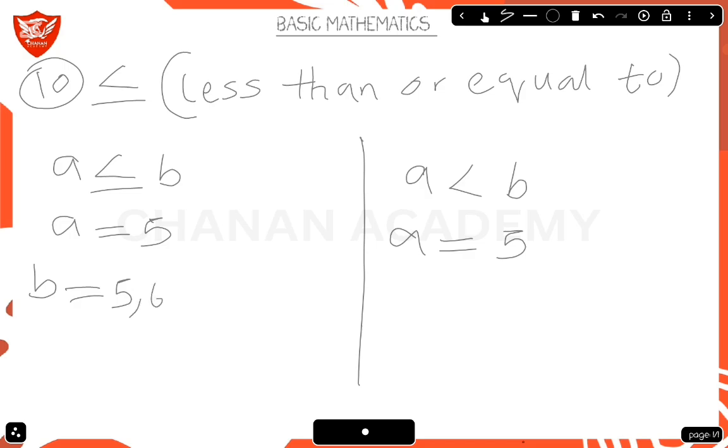Remember, it is less than, which means B is greater than A, which means it has a higher value than A. So you have B equal to 5, 6, 7, 8, and so on, but it can never assume any value that is below 5.